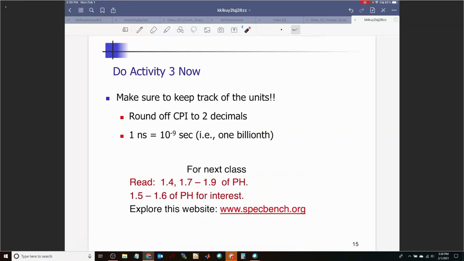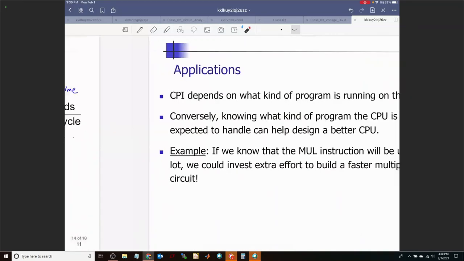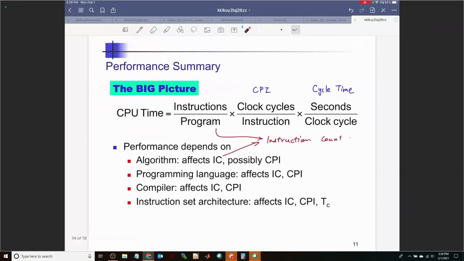I will be here monitoring the meeting as well as the WebEx team space. So feel free to engage with me wherever you want. The activity is pretty straightforward, just the application of the formulas that we looked at. As long as you're keeping track of the units, you will be in good shape.